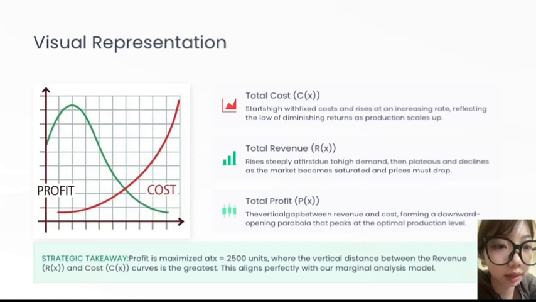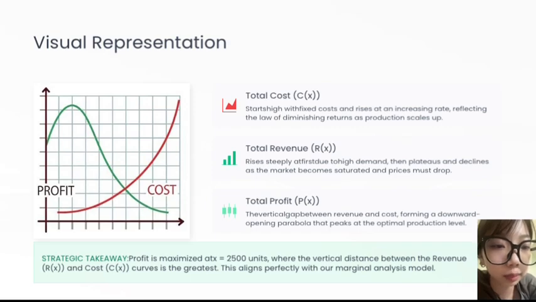The green line means total revenue. It goes up quickly at first, then becomes flat and falls when the market is saturated. Profit is the vertical space between these two lines. It forms a curve opening down and reaches its peak at the best output.